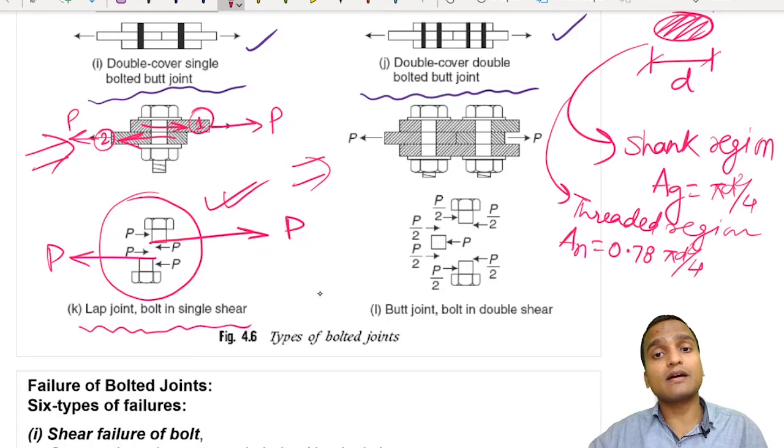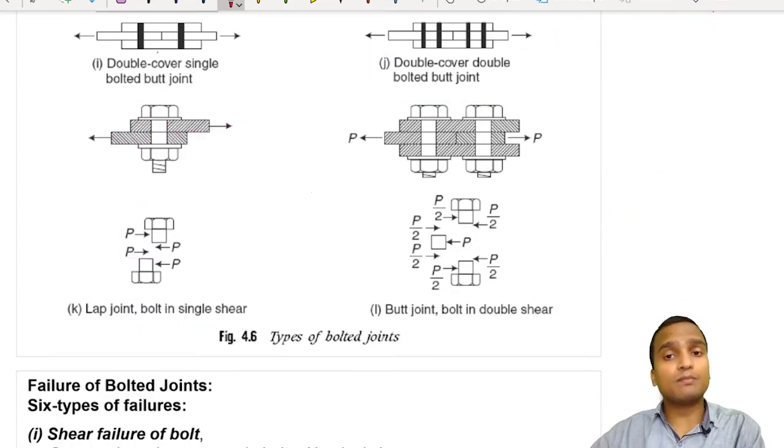Now in the double cover plate butt joint, you see this case. In this case the bolt is subjected to double shear. In the butt joint, this is the top cover plate and this is the bottom cover plate.